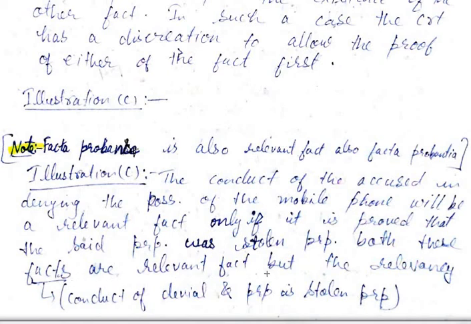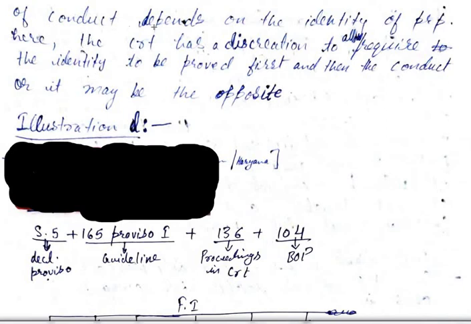Both these facts are relevant facts, but the relevancy of the conduct depends upon the identity of the property. Here, the court has a discretion to require the identity to be proved first and then the conduct, or it may be the opposite. So it is upon the court कि वो क्या किसको प्रूव करना पहले अलाउ करे या बोले.